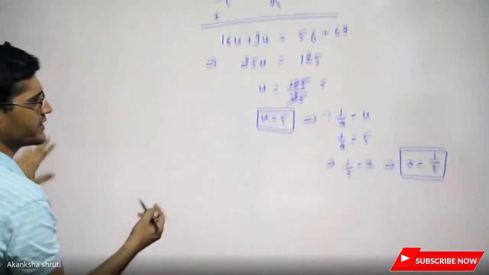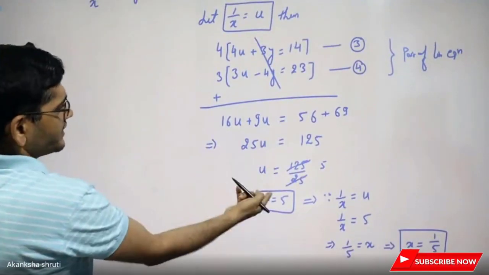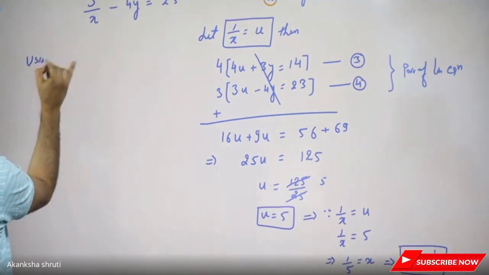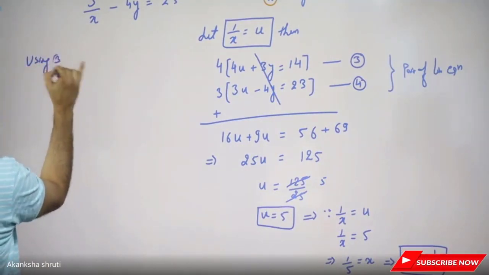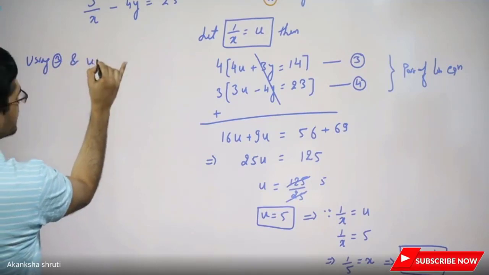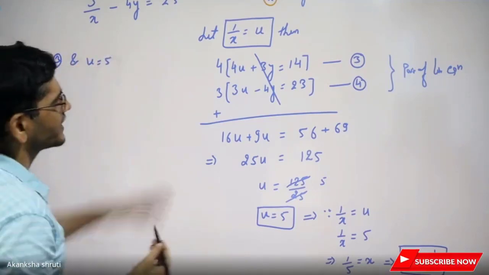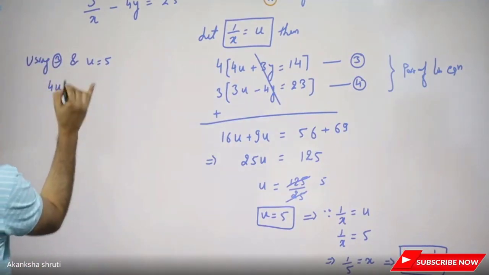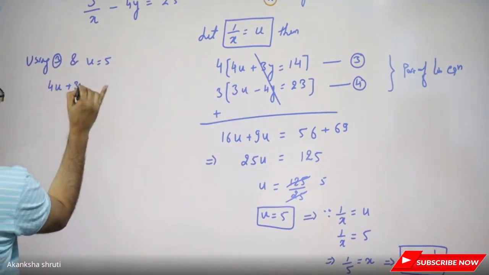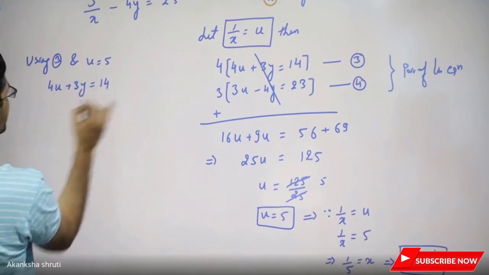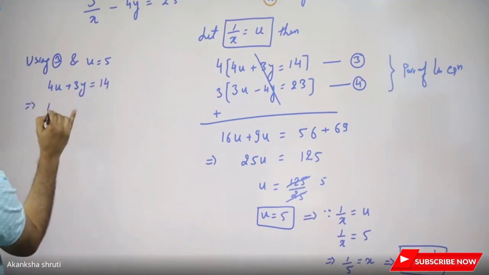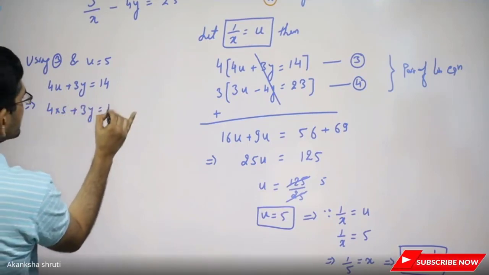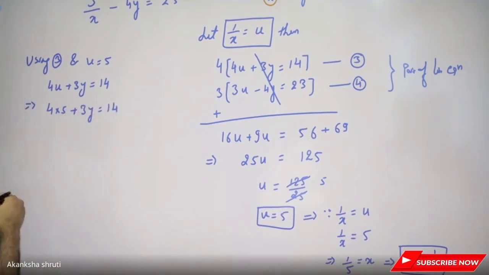Let me calculate this y by using u. So, using equation 3 and u = 5, let me use this 4u + 3y = 14. In place of u, I will use 4 into 5 + 3y = 14.